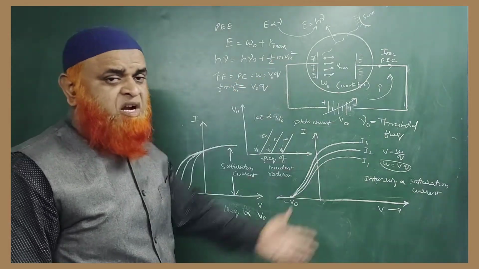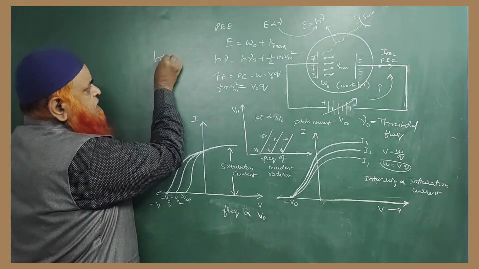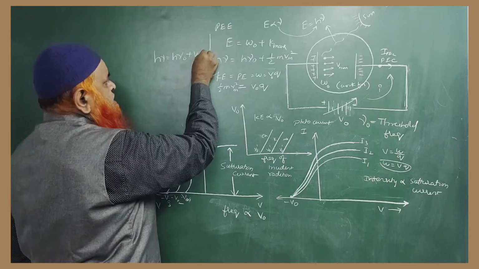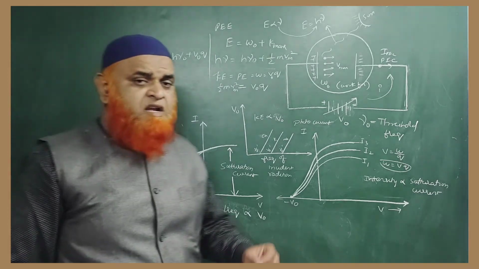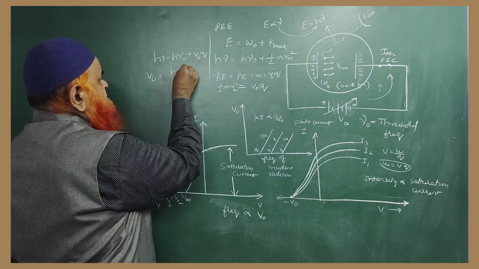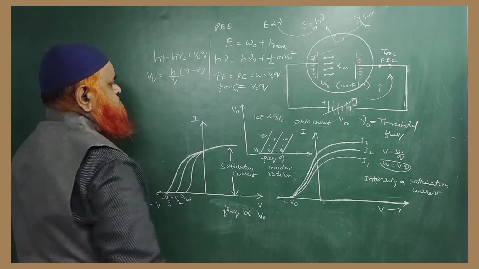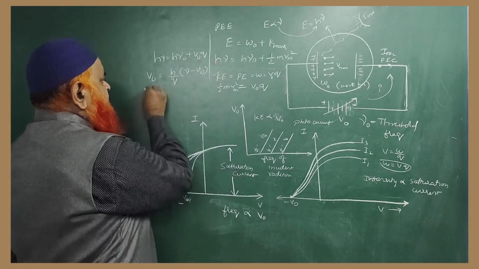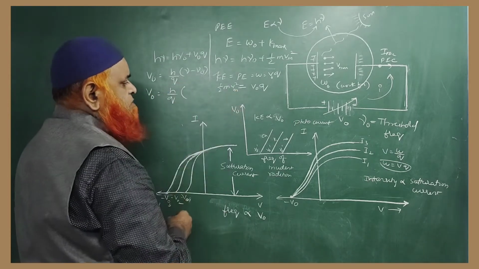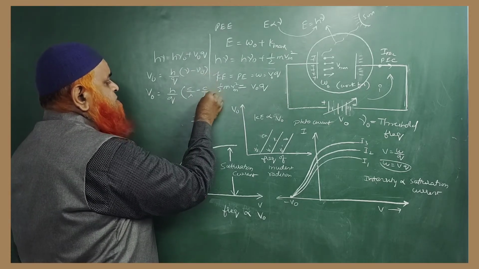So kinetic energy has to be converted into potential energy. Then your equation is going to become h nu is equal to h nu naught plus V naught into Q. And if you want to find the stopping potential, then V naught is nothing but h into nu minus nu naught, divided by Q. Then you know that nu is nothing but C by lambda and nu naught is nothing but C by lambda naught.